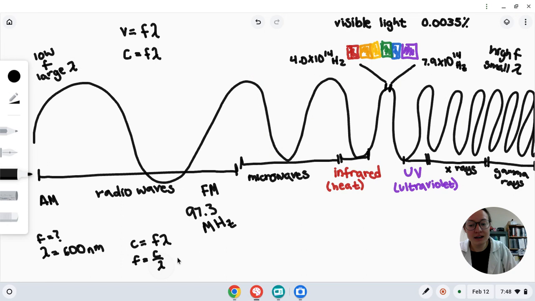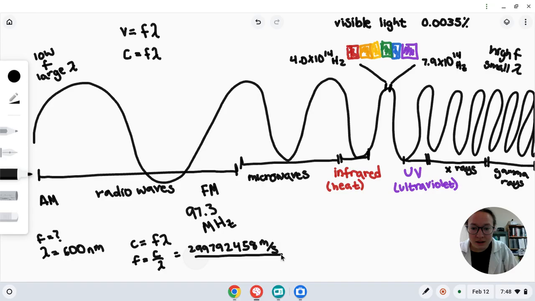You know that c is equal to 299,792,458 meters per second. Divided by our wavelength here is 600 nanometers. You do have to do a little bit of a unit conversion, and you do have to know what nano means.